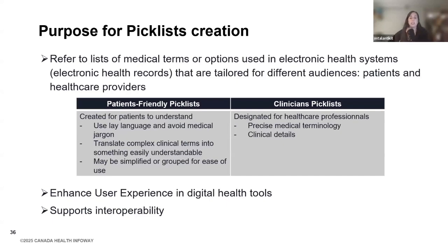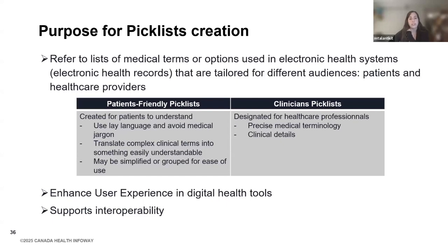Instead, for the clinicians, they would like to have more precise medical terminology and use more clinical details. Pick lists really enhance user experience in digital health tools. It makes it easier for them to understand. And also it supports interoperability because each term of the pick list is linked to a SNOMED CT concept.